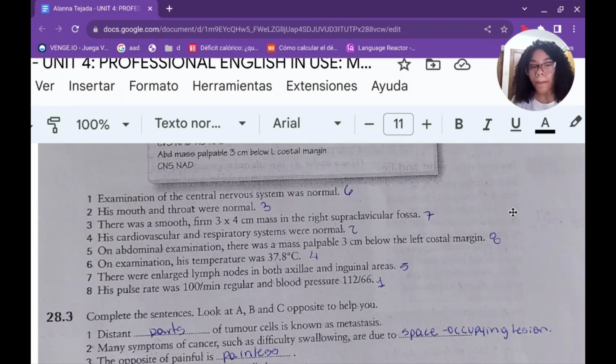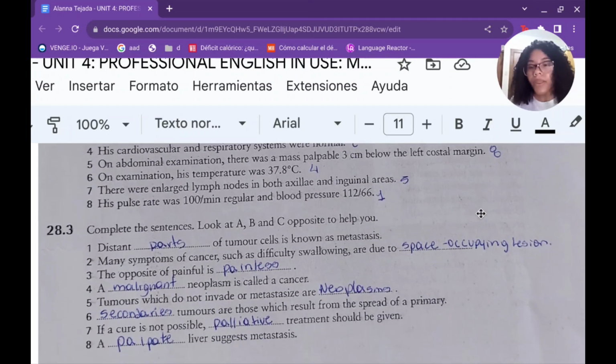Number 4. There were enlarged lymph nodes in both axillary and inguinal areas. Number 5. Examination of the central nervous system was normal. Number 6. There was a smooth, firm, 3.4 centimeters mass in the right supraclavicular fossa. Number 7. And number 8, on abdominal examination, there was a mass palpable 3 centimeters below the left costal margin.